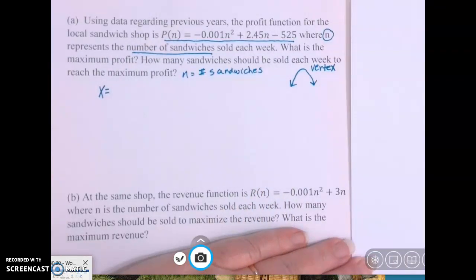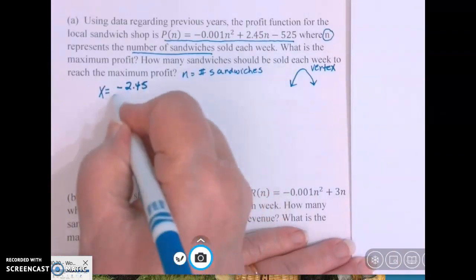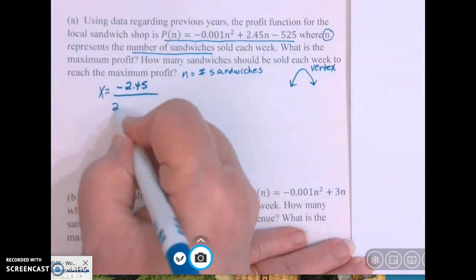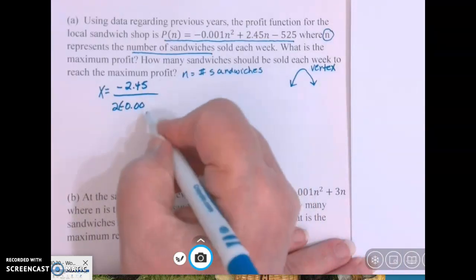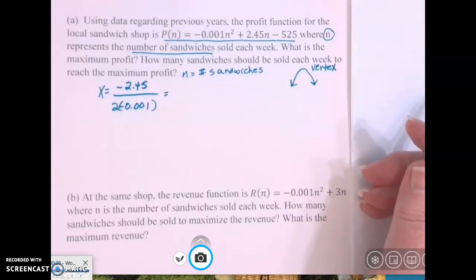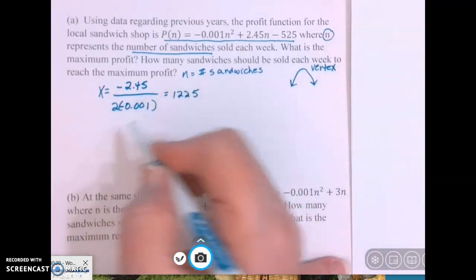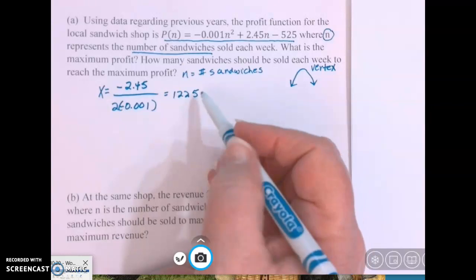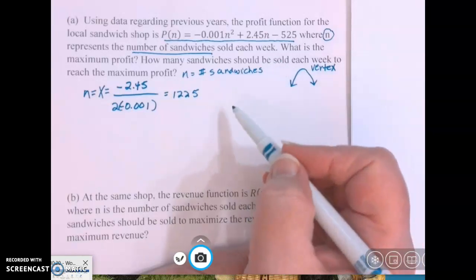So x will equal negative b, which is negative 2.45, over 2 times a, and that will be 2 times negative 0.001. And that x value, I have my notes right here, is 1,225. Then to find the y value, or the f of x value, we're going to substitute, and actually this is n. We think in terms of x, but that is n.